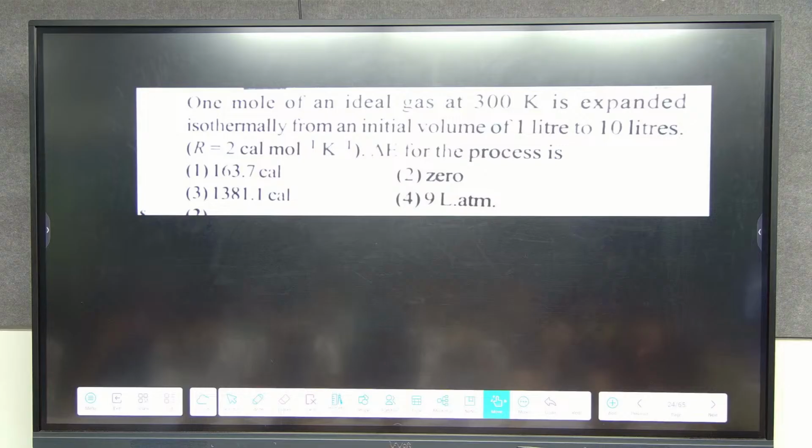Internal energy. What is the condition mentioned? In an isothermal process, if temperature is constant, U is also constant, so the change in internal energy will be zero. So it is very important to understand what the question is asking.